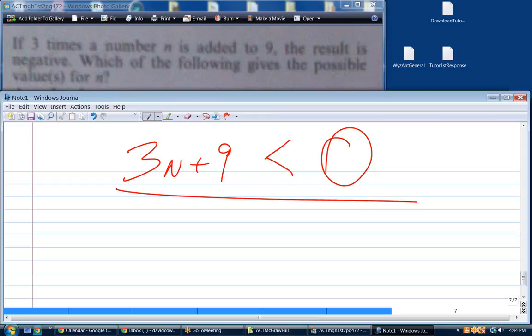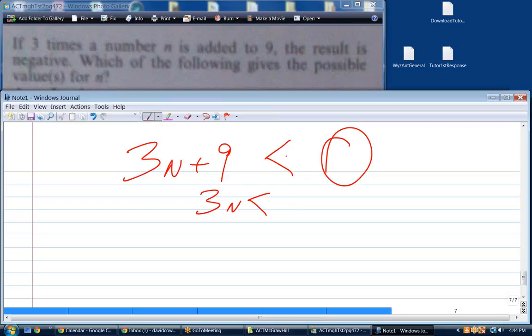Now, solve that inequality and we're home free. That's an easy inequality to solve. Okay, so then would you treat the less than sign as equal? Yes. Would it be 3n, or 3n is greater than negative 9?